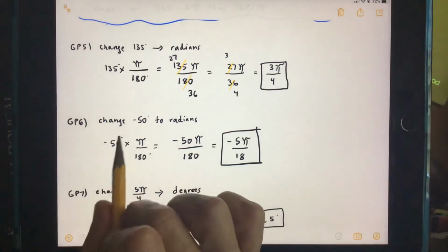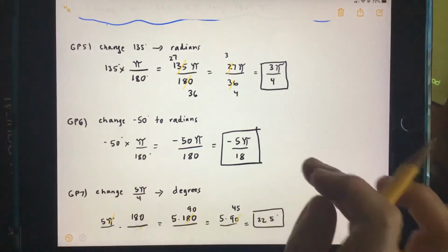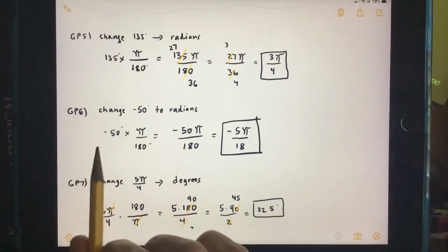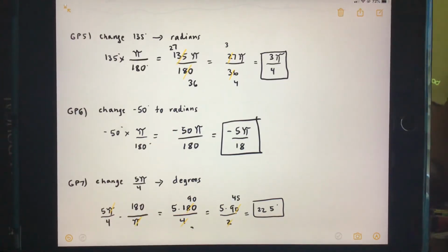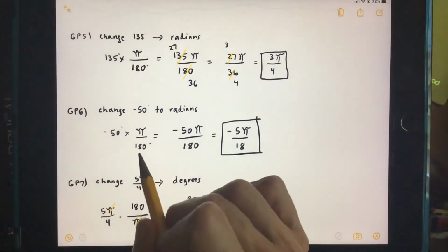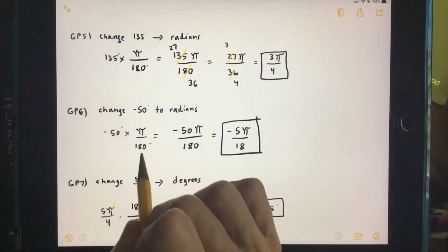Our guided practice 6 also asks us to change an angle measurement into radians. This is a negative angle measurement, which means we would start at the x-axis and proceed clockwise if we were drawing the angle. We're just going to carry that negative sign right along as we change our negative 50 degrees to radians. This time, we're going to multiply by pi over 180 because, again, we want the degrees to cancel out.